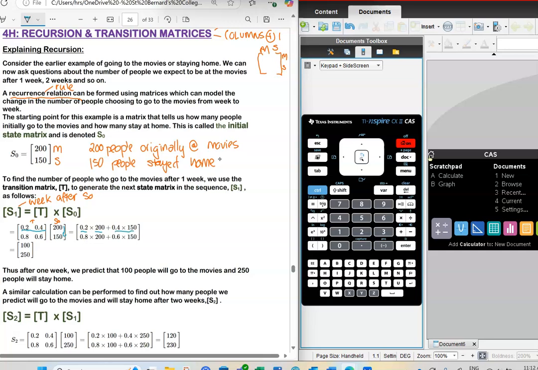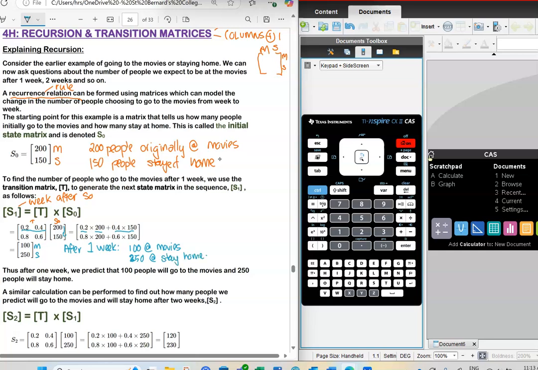So when you times that out, you end up with this answer. So the top answer was movies, and the bottom number was stay at home. So after 1 week, we now have 100 people at movies, and we have 250 at stay at home.